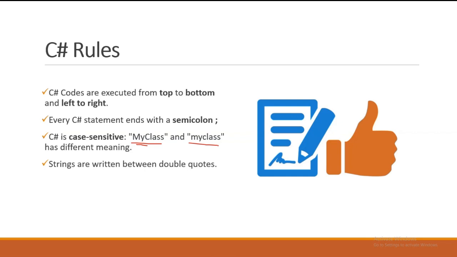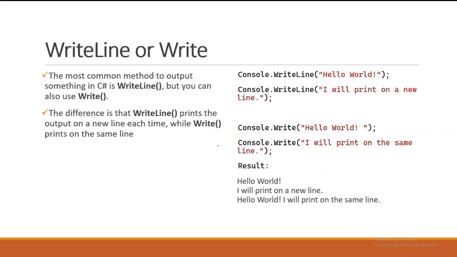These are the main C# rules. When we want to show information on the console, on the screen, we can use the WriteLine method or the Write method, that is Console.WriteLine or Console.Write. What's the difference between them? In the example, the first code and the second code use WriteLine, so the next information is shown on the next line.